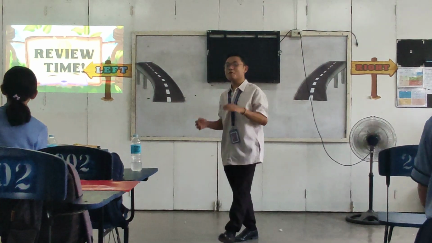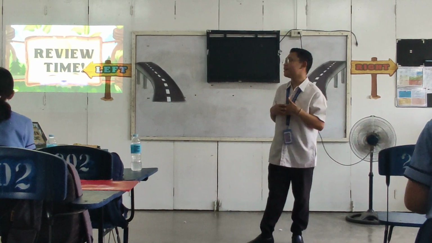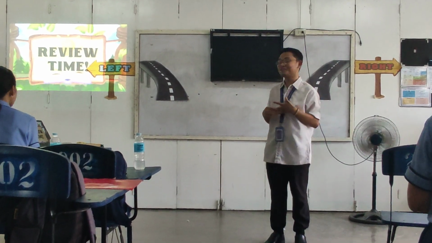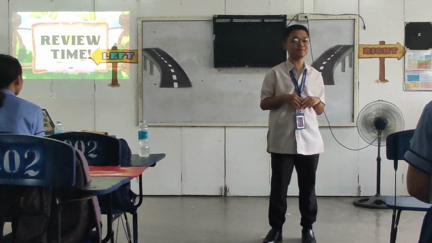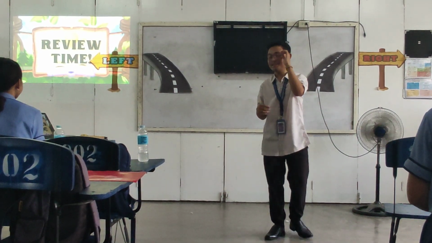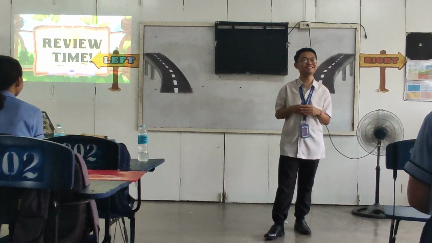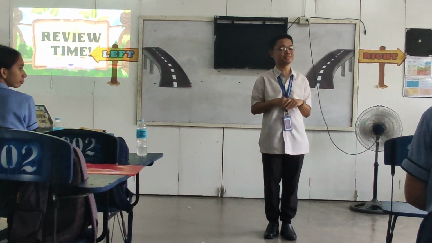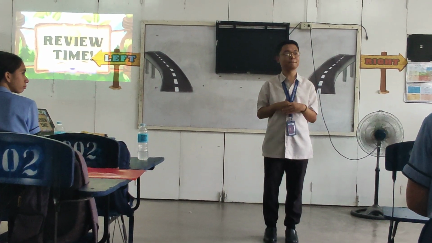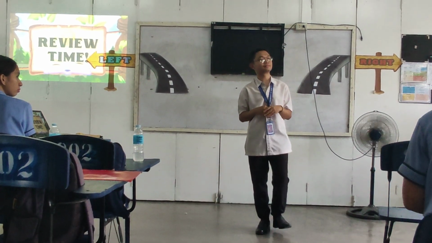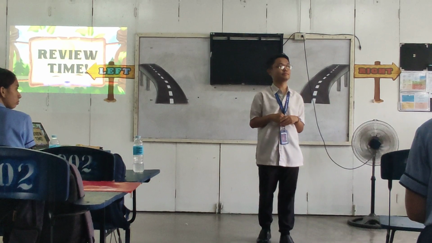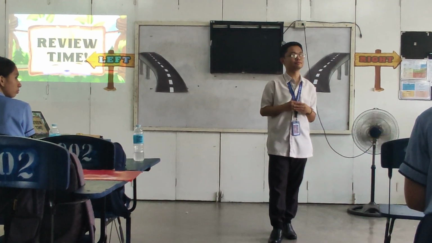So as a recap of what we discussed, last time we discussed poetry and its elements. So who can define poetry? Yes, Marge. Poetry is a literary work where authors often express or evoke emotion.